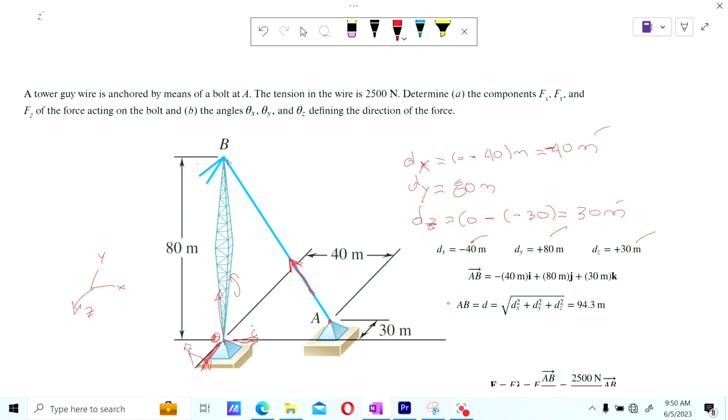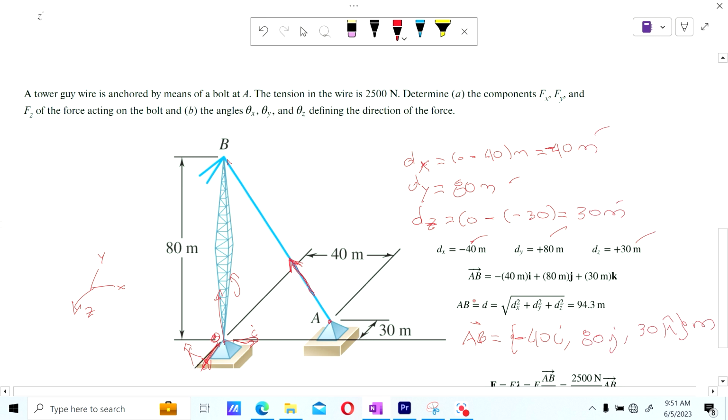So the vector AB, and the vector is written tail to head, AB has components negative 40i, comma, 80j, comma, 30k, and all that in meters.